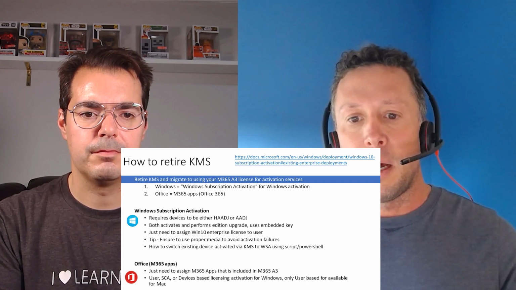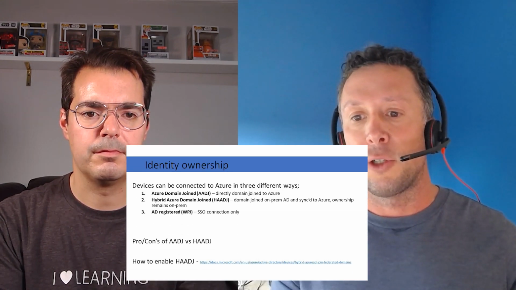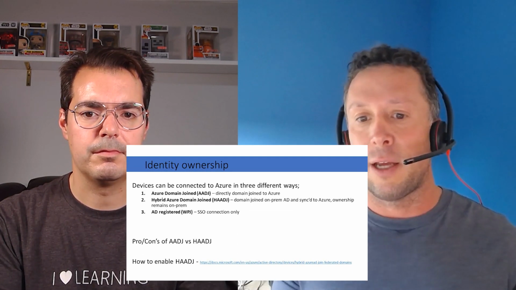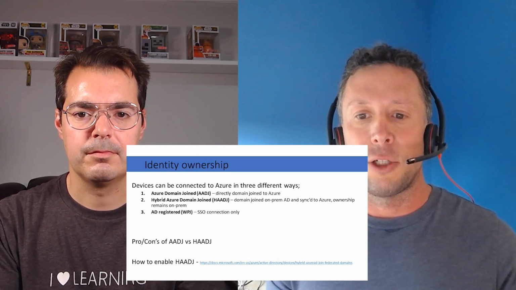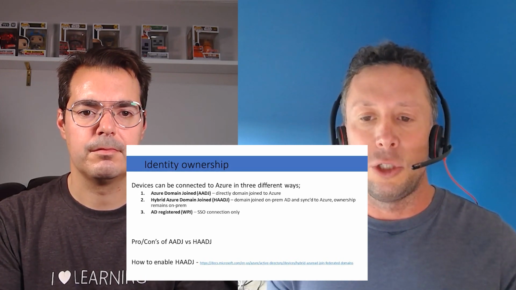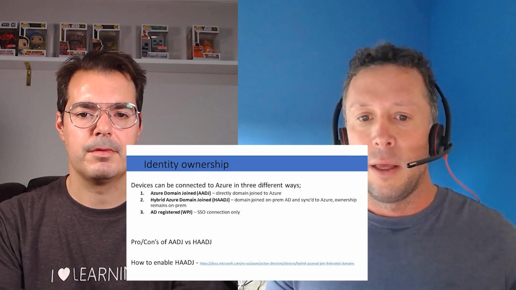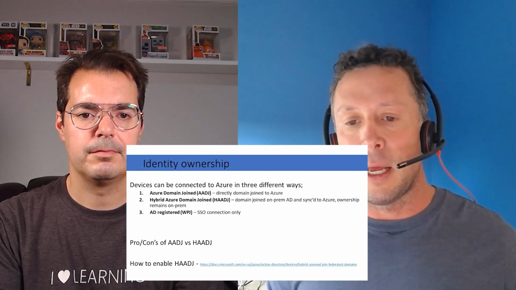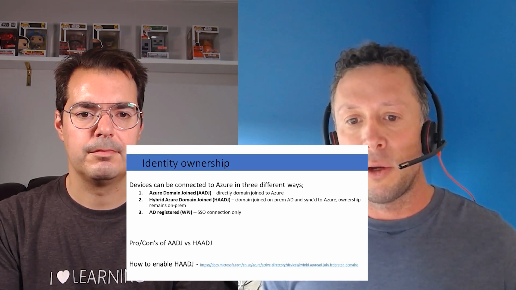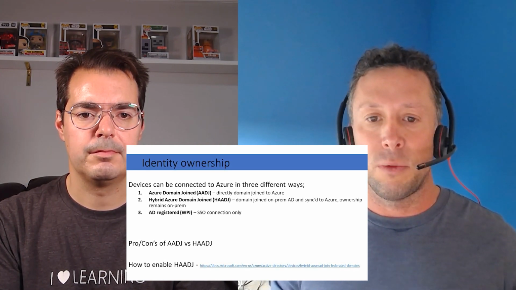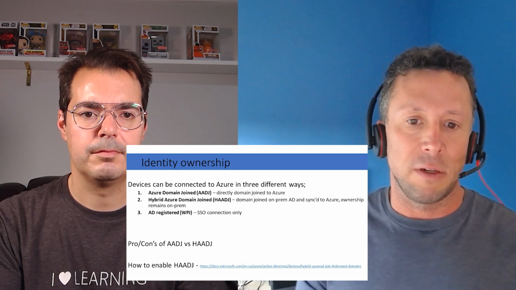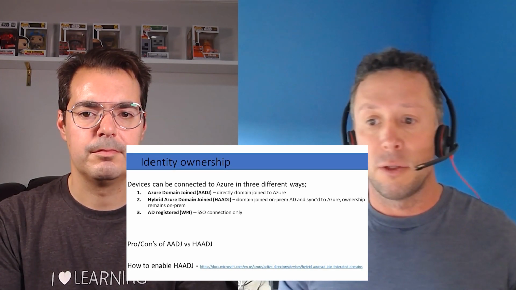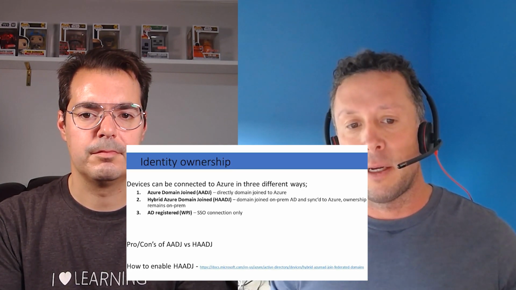It could be Azure AD registered, Azure AD joined, that's AADJ here on the screen, or hybrid Azure AD joined, which simply just means the device is still on-prem domain joined, but it has an Azure identity associated with it. And in that hybrid Azure AD joined, which predominantly are the majority of devices, there's a lot of benefits to that. I've got another slide I can walk you through that.